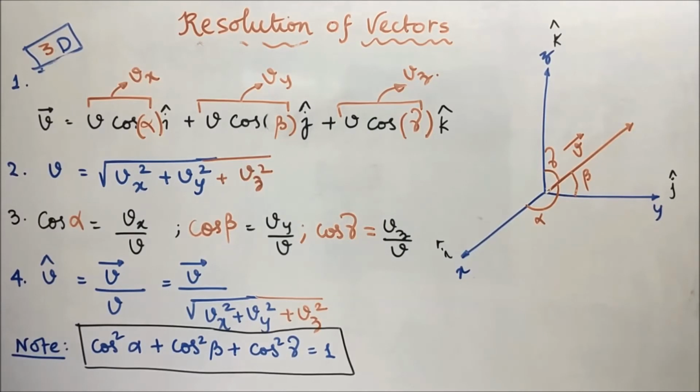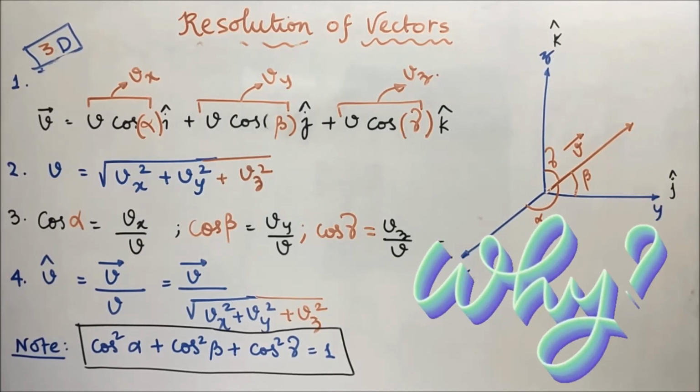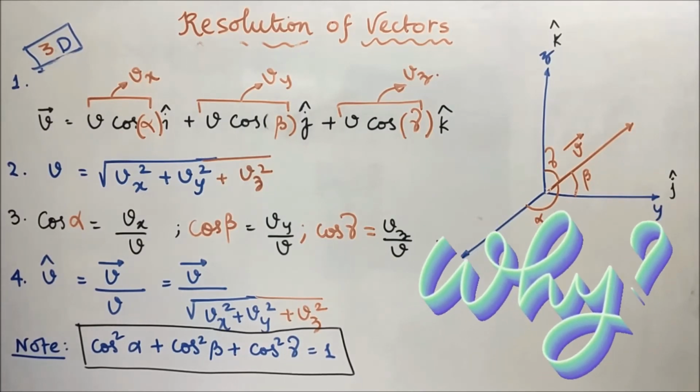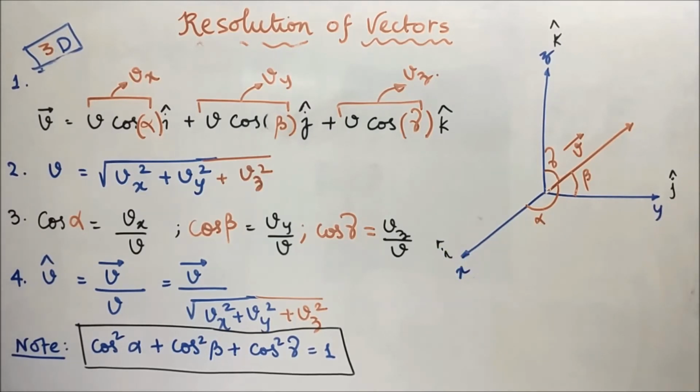Now we have learnt how to resolve vectors. Now let us think about why we should resolve vectors. Resolution of vectors, especially into rectangular components, makes the analysis simple. This you will understand when we do questions. Operations like vector addition and product of vectors become easy.